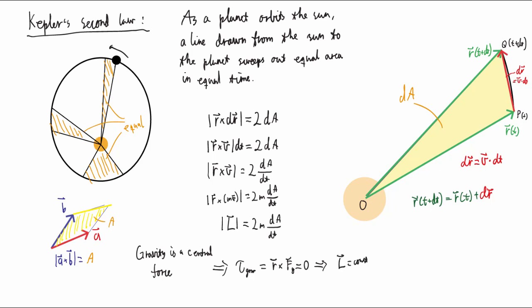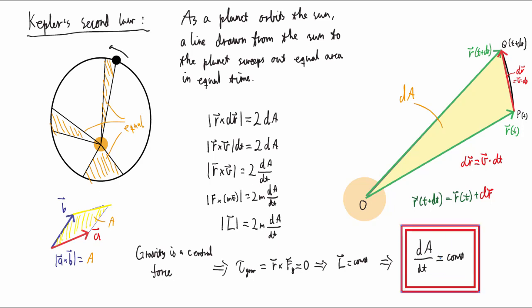The angular momentum of the planet as it's moving around the Sun is a constant, and that gives us that dA/dt also equals a constant. And that's the result that we were looking for, essentially Kepler's second law. And it's an example of conservation of angular momentum. Kepler's second law is equivalent to the conservation of angular momentum of the planet moving around the Sun in this case.